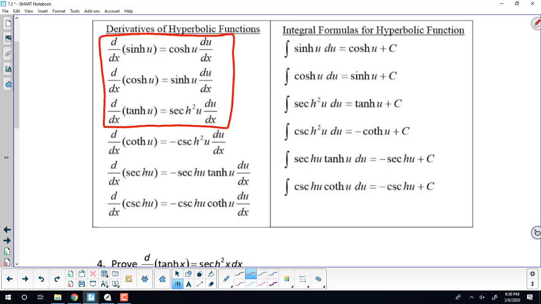And the same thing with the antiderivatives: antiderivatives for hyperbolic sine, cosine, and secant squared. Those you should know for the exam as well.